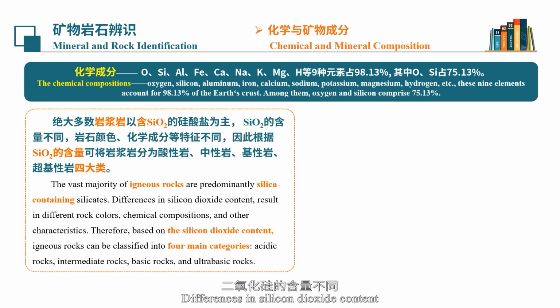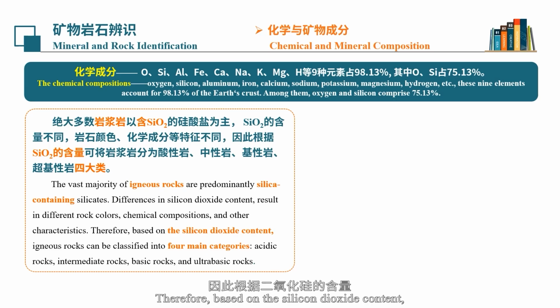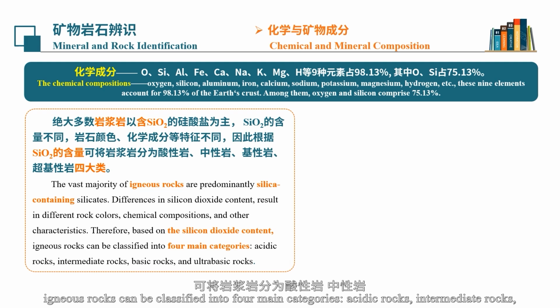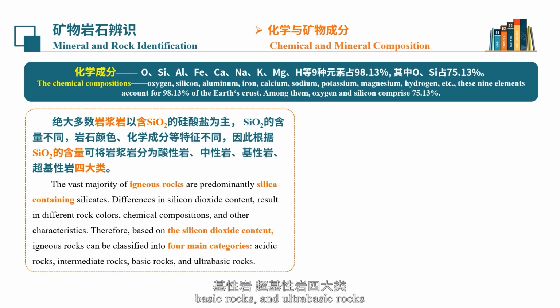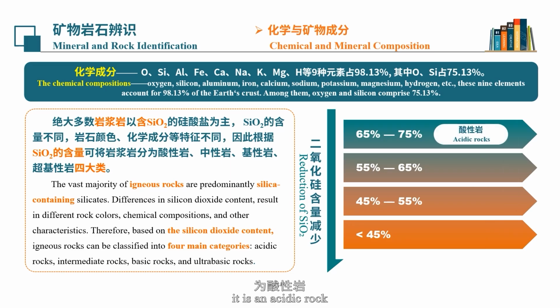Differences in silicon dioxide content result in different rock colors, chemical compositions, and other characteristics. Therefore, based on the silicon dioxide content, igneous rocks can be classified into 4 main categories: acidic rocks, intermediate rocks, basic rocks, and ultra-basic rocks. When the silicon dioxide content is 65%, 75%, it is an acidic rock.